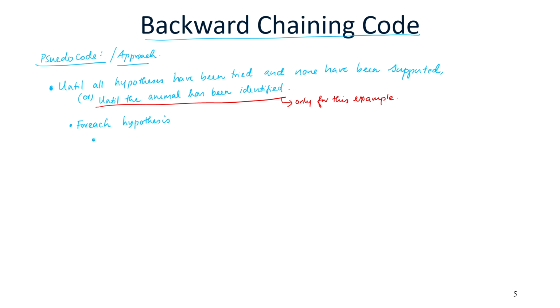Then nested underneath that, for each rule whose consequent matches the current hypothesis, what do you do?